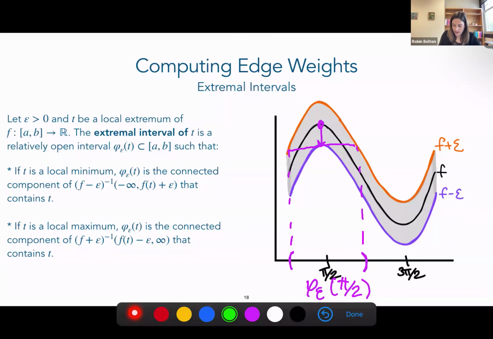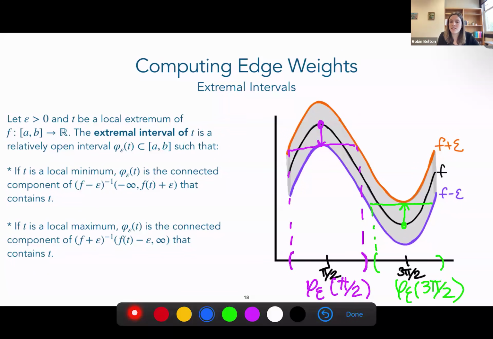Okay. And then for mins, we do this symmetric analogous process. So we start here, we go up by epsilon, we shoot out until we hit f minus epsilon, and then we project this down to get our phi epsilon of 3 pi over 2.